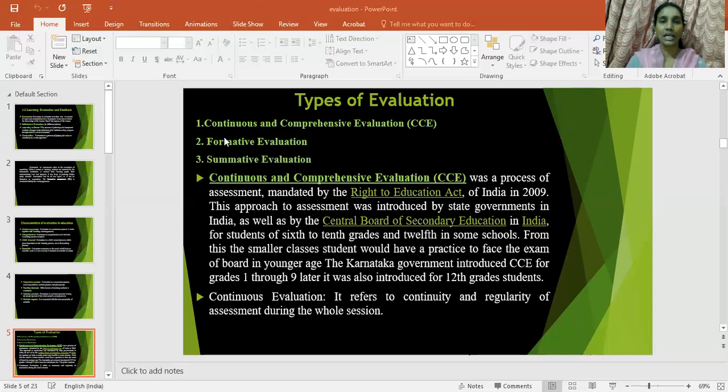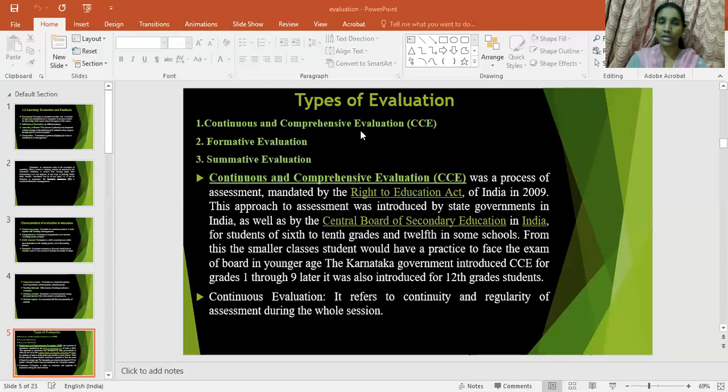Number one is CCE, that is continuous and comprehensive evaluation. You don't write just CCE in the exam. If the question comes, you have to write the full form of that CCE, that is continuous and comprehensive evaluation.